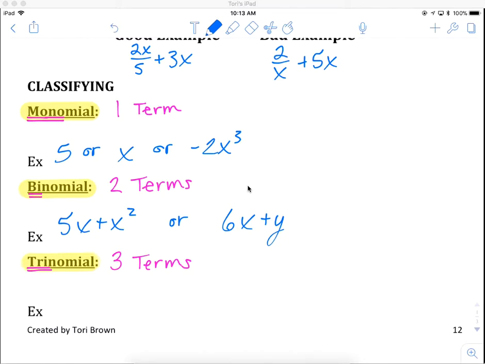Same thing for trinomial, we're just going to add an extra piece. 5x squared plus x minus 2, that's a trinomial, three terms. Let's mix this one up just a little bit. 5x over 2 plus y minus 1. All different kinds of terms, but they're separated by plus or minus. That's a trinomial. Pause the screen, make sure you have everything written down, and I'll meet you on the back page.